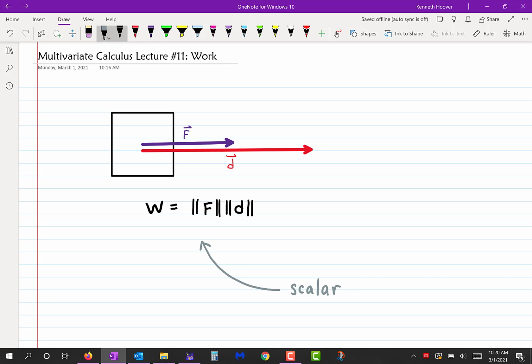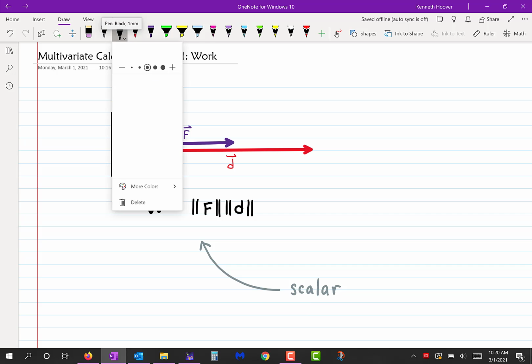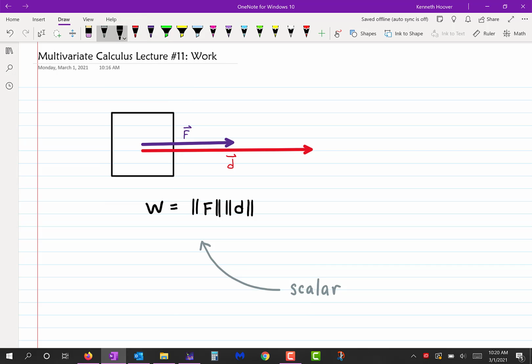What are the units of work? Let's write that down. The units are commonly one of two.